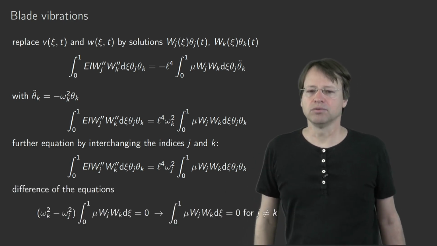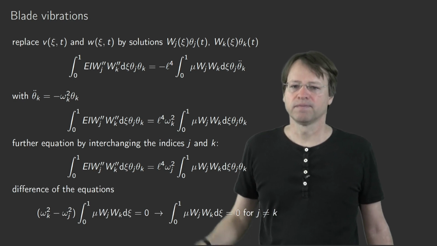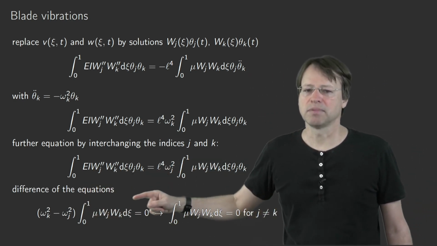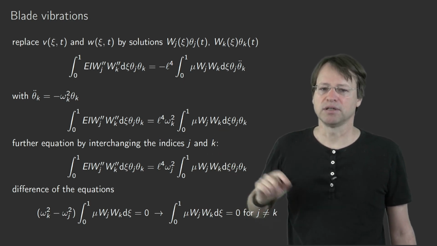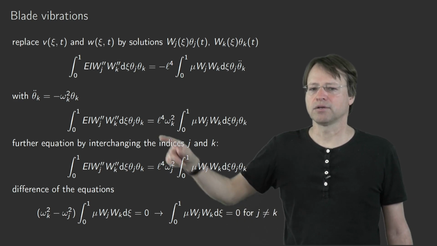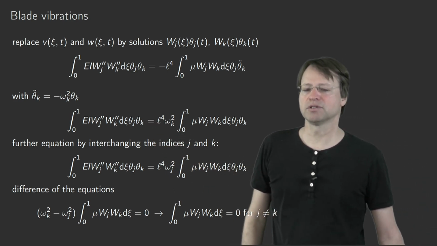And therefore we conclude, you can see it, we have the difference of the two natural frequencies, which is then multiplied by this integral, which is clearly the same. We just drop already the theta j and theta k and also the L to the fourth power by division.